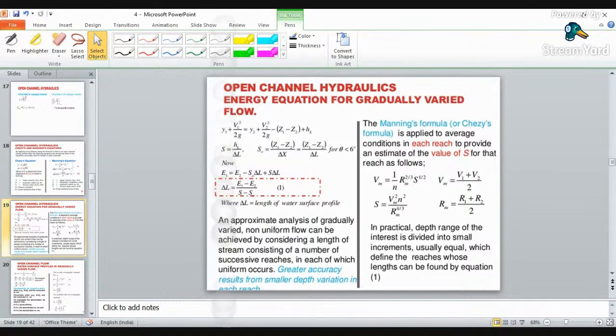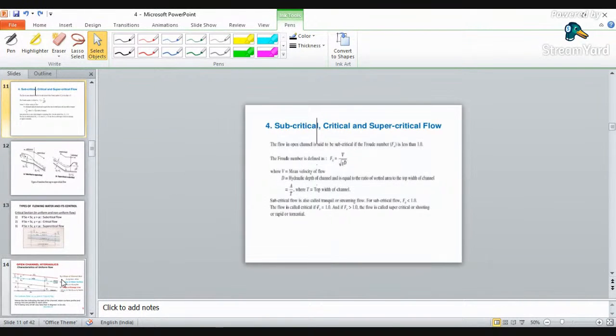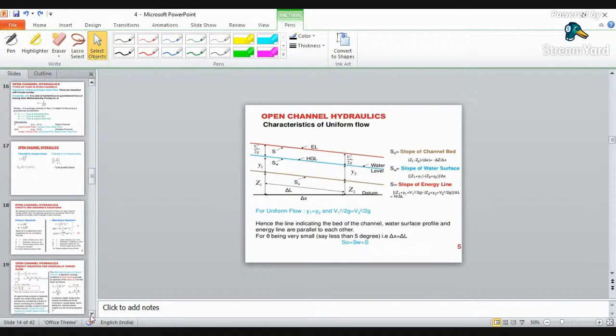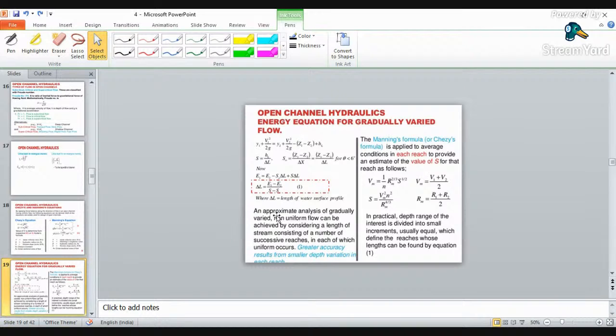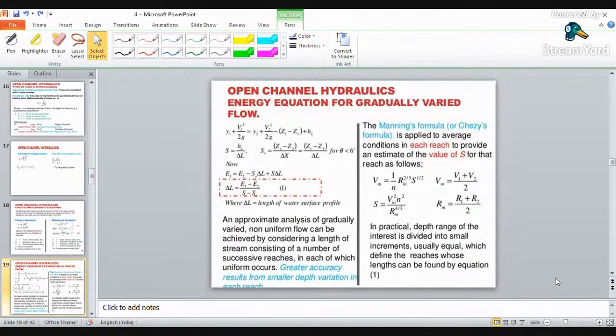That is, E1 is energy at section 1 and E2 is the energy at section 2, S0 is the slope of bed and SW is the slope of water.